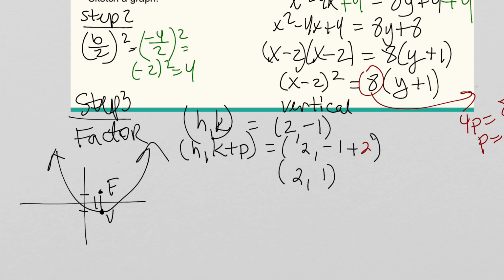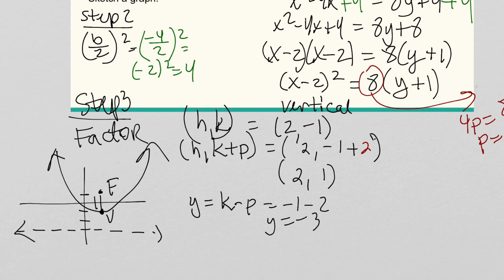Then I need to get my directrix, which is y equals k minus p. My k is -1. My p was 2, so it's y equals -3. So that's down this way. And then my axis of symmetry is x equals h, which is 2.